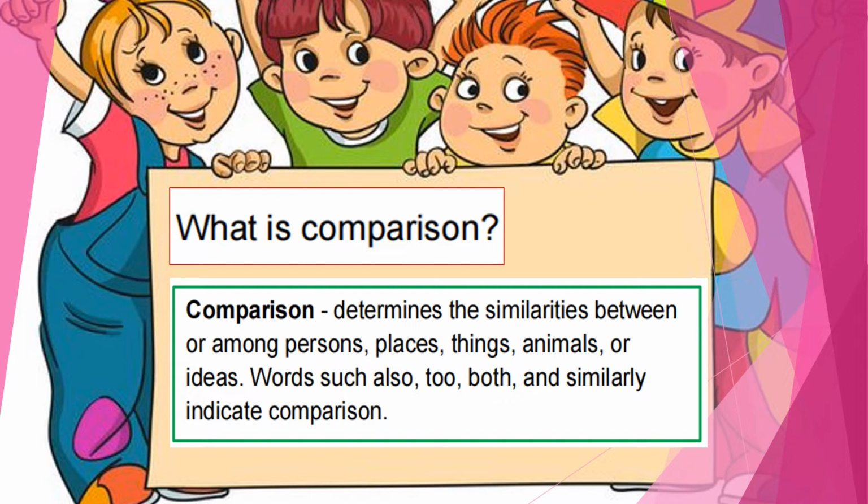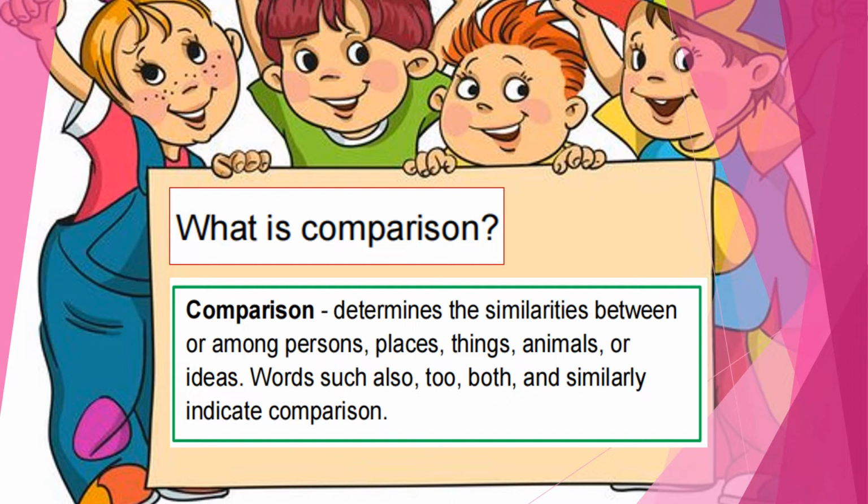Comparison determines the similarities between or among persons, places, things, animals, or ideas. Words such as also, too, both, and similarly indicate comparison.